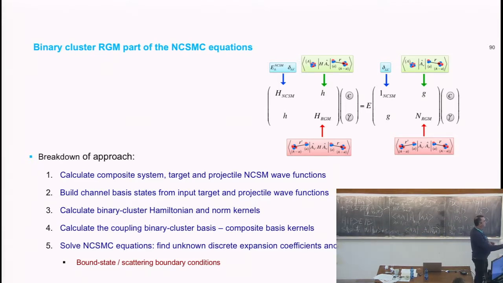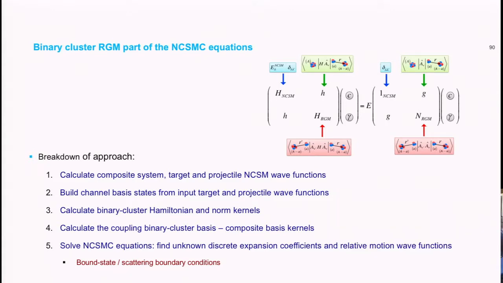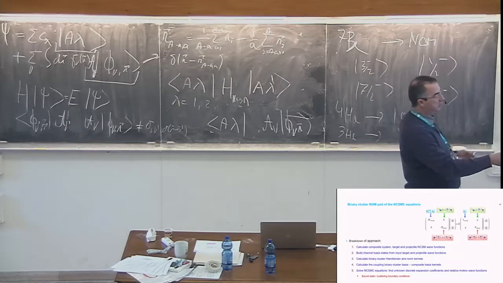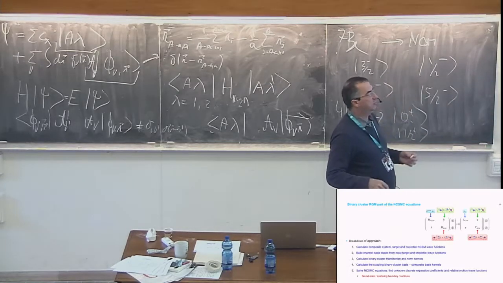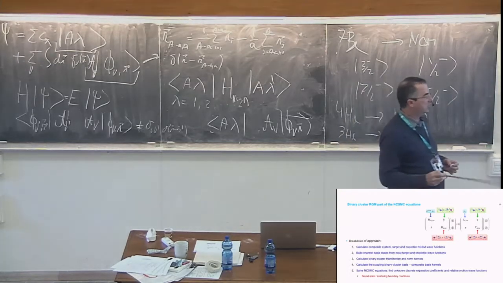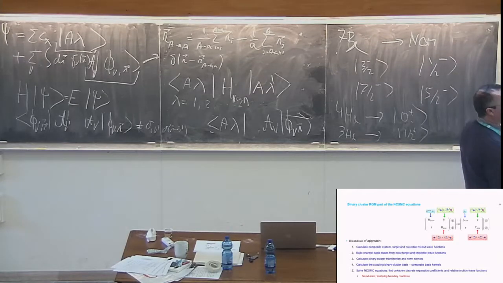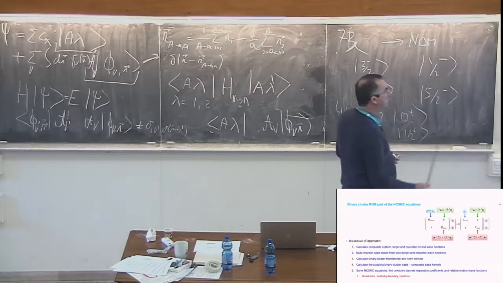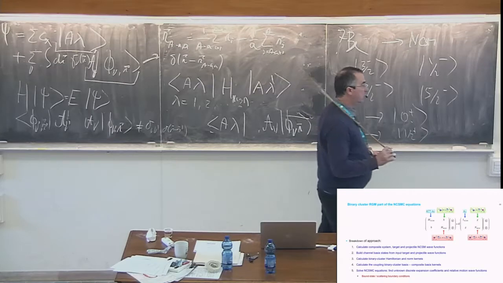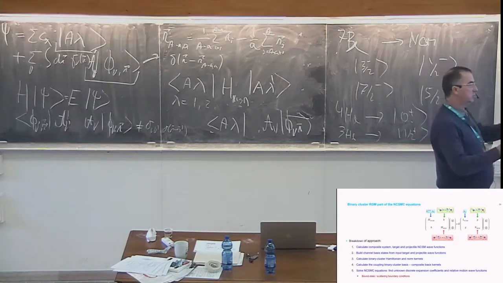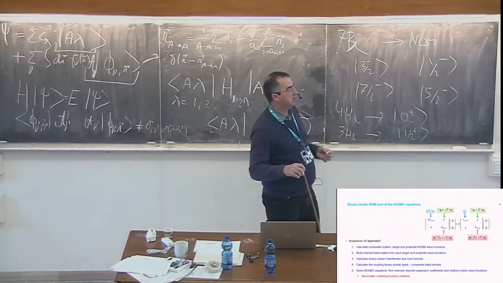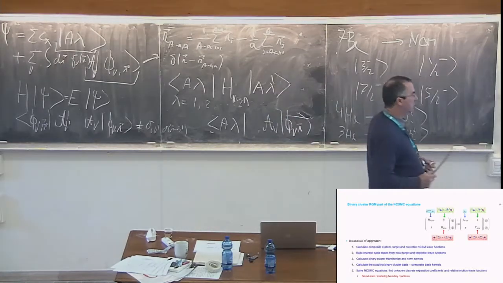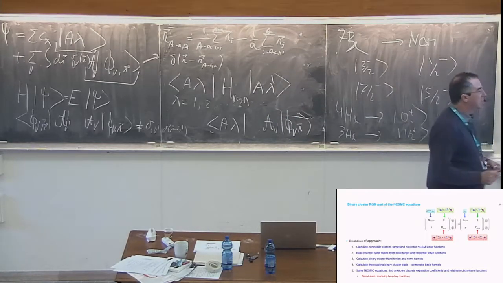And once we have the kernels, we can actually solve these equations. That is done with some special technique, but one can use different methods to solve this for bound states and for scattering states. I will come to that probably tomorrow, how to really solve it, because that's a method that could be used for any scattering problem, not only for no-core shell model with continuum.